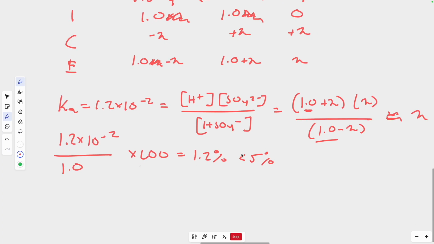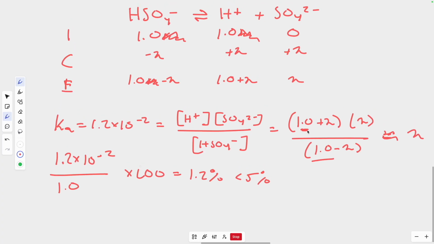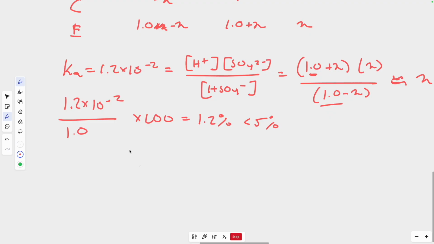So now if we were to find our total H plus concentration, right? If this is x, our total H plus concentration is going to be 1 molar plus the value of x, right? Because of this here. So that would be 1 molar plus 0.012 molar.